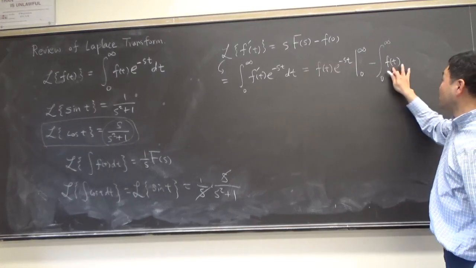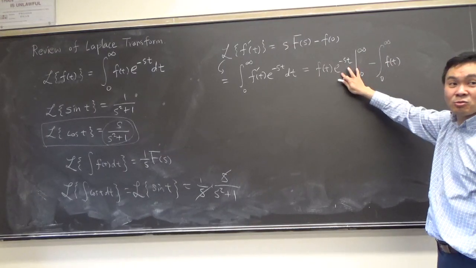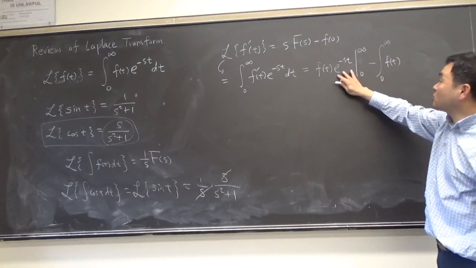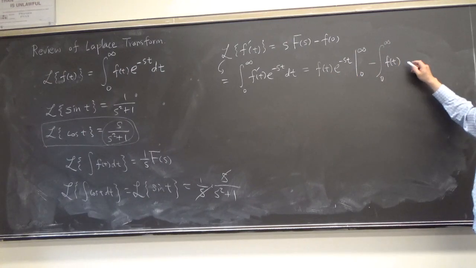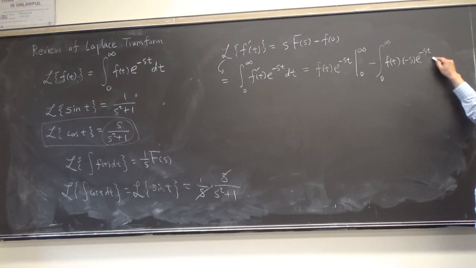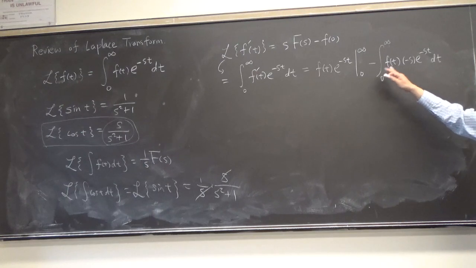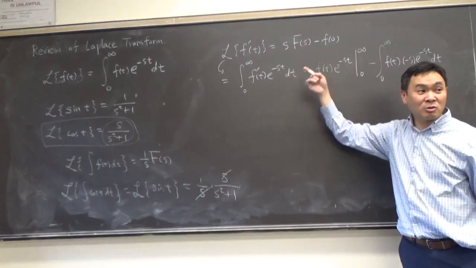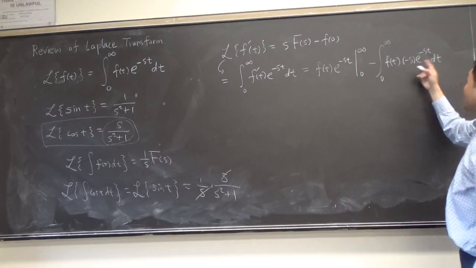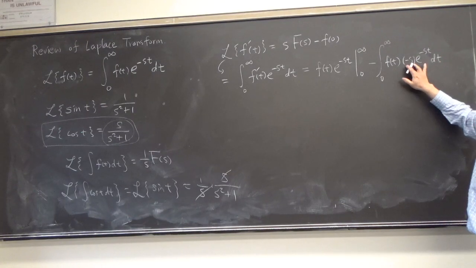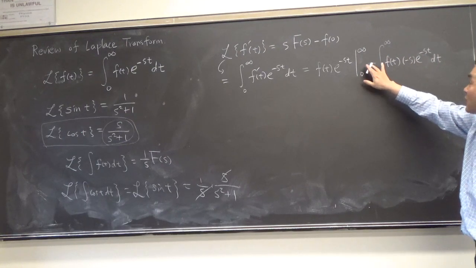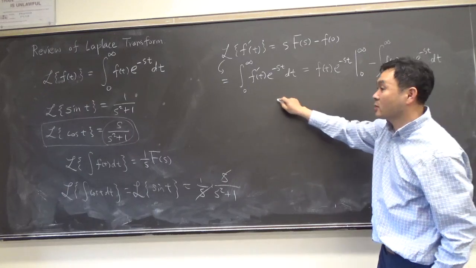But the one that you didn't do anything to, you differentiate, right? That's integration by parts. You differentiate e to the negative st. So that's negative s e to the negative st dt. Because here, s is a constant, and we're doing all the derivatives and integration by t. And then because s is a constant, you can bring it outside. So negative s is brought outside, and negative is positive.